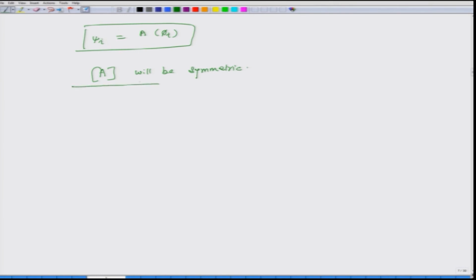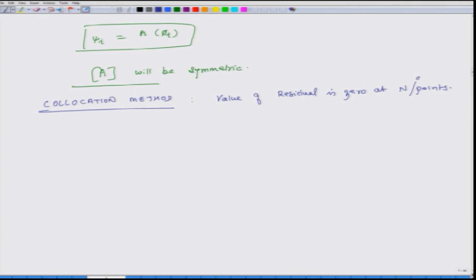And the last method we will discuss is called the collocation method. Okay. So, in this method what we say is that the value of the residual will be enforced at discrete points.